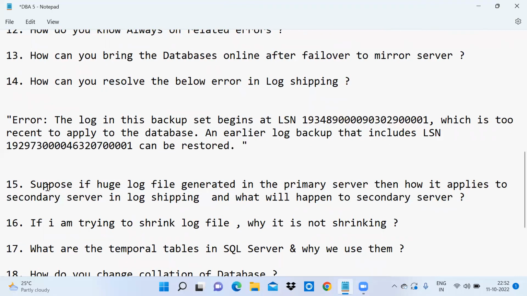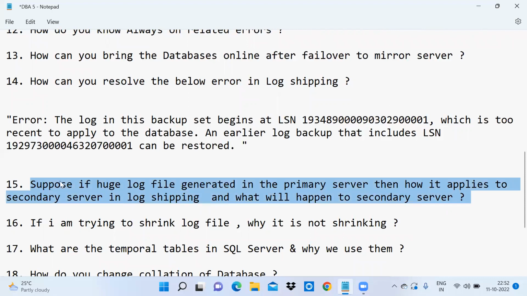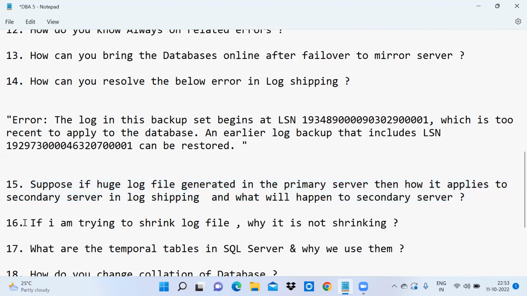So actually why he asked this question means, for example, generally log files are around like 20 MB or 30 MB or 50 MB, but here huge log file is generated in the primary server. Then how it applies to secondary server in log shipping and what will happen to the secondary server. Okay, next one is, if I am trying to shrink log file, why it is not shrinking?